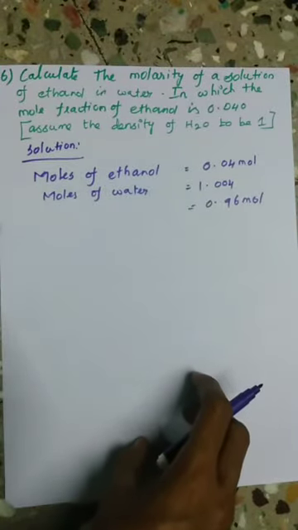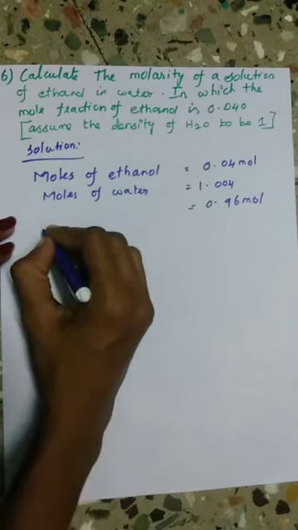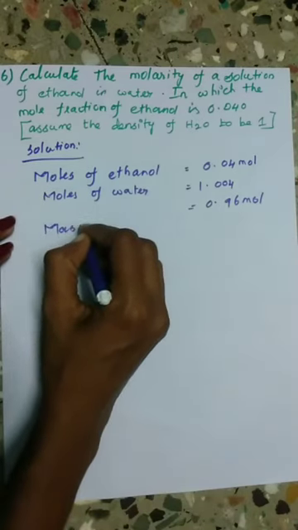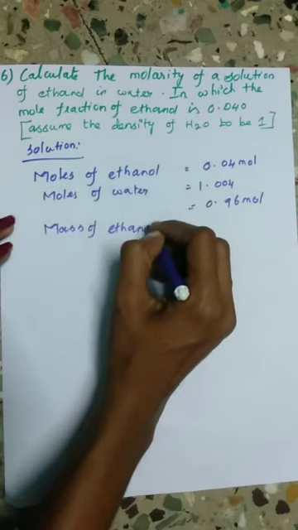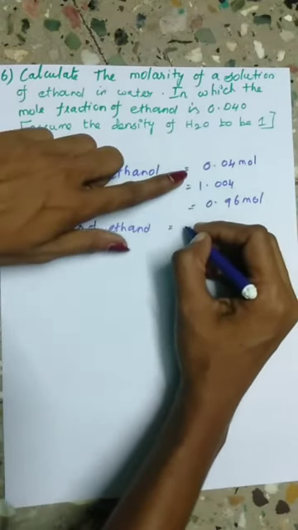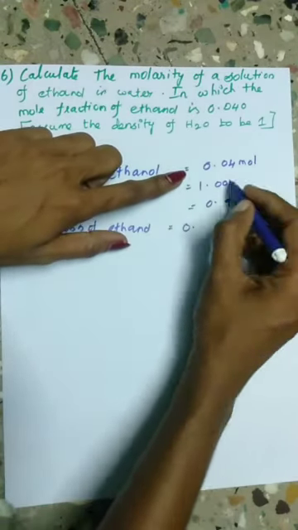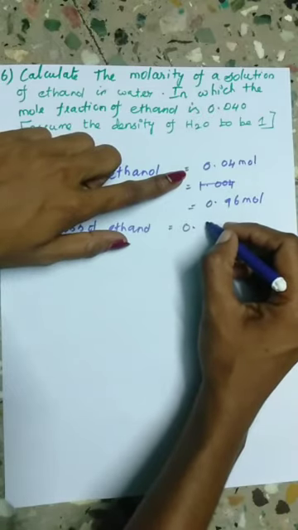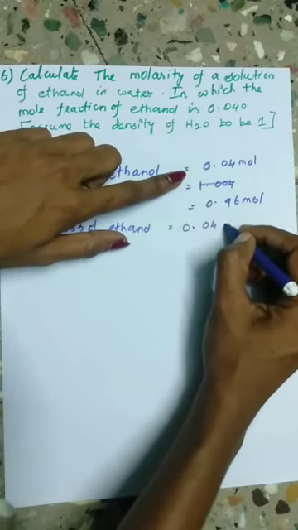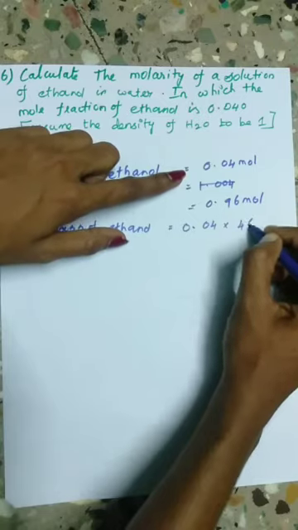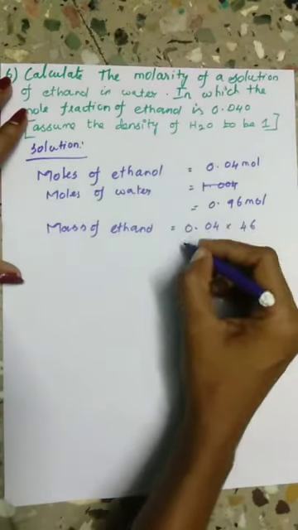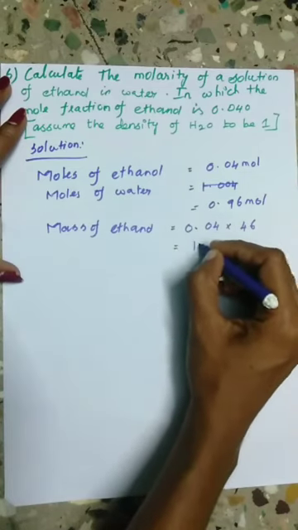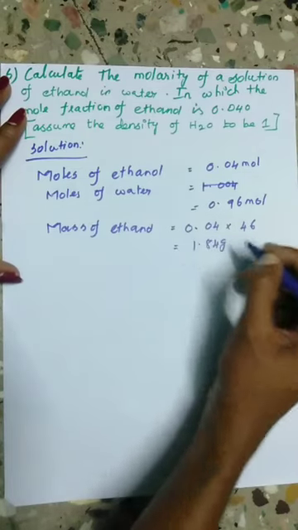Next, the mass of ethanol and water we have to find out. That is 0.04 multiply 46 for ethanol, so the answer is 1.84 gram.